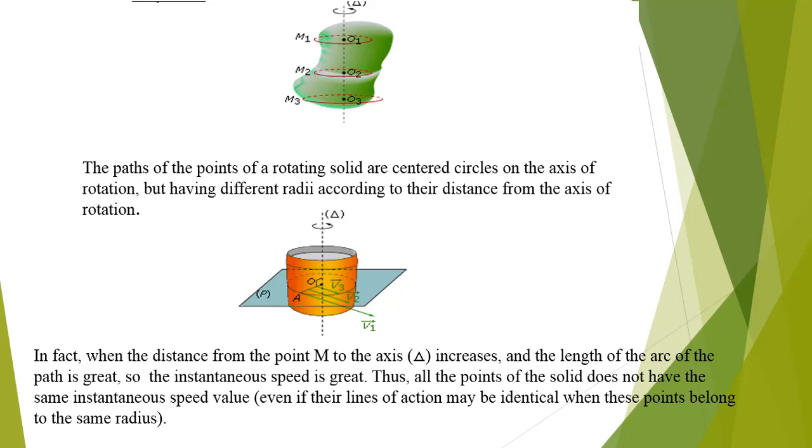When 2 points are at different distances from the center, their velocity vectors do not have the same magnitude.